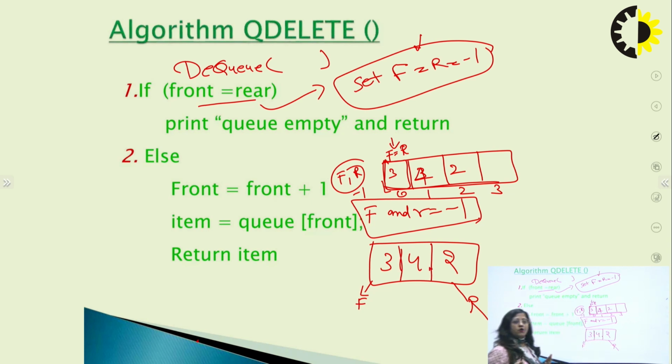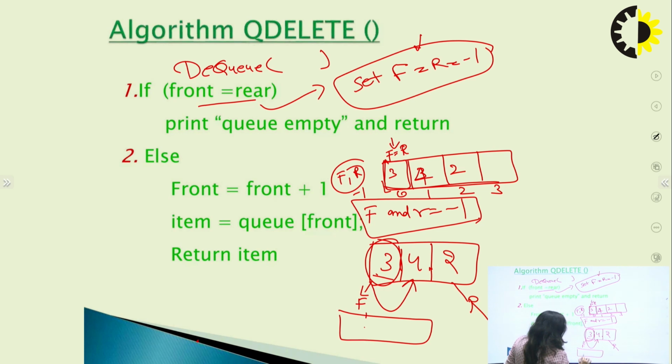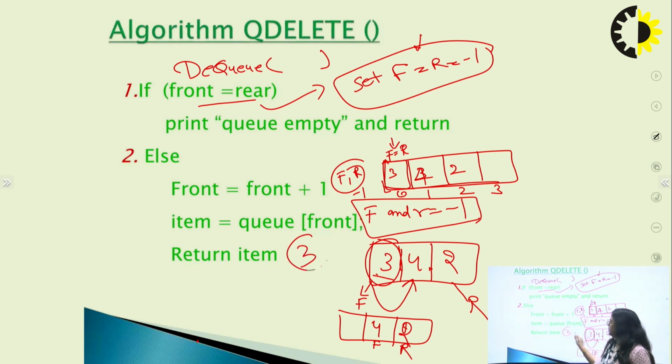Now you want to delete your data like 3, because you can delete from front. So now front 3 is here and you want to delete this data, then the front value moves by 1. Front plus 1. So here your queue shows like this, front and rear. So return item. Item is what? 3. Got it?